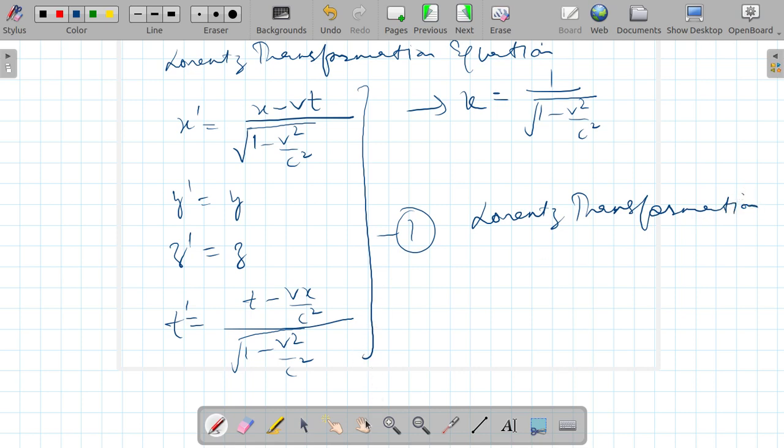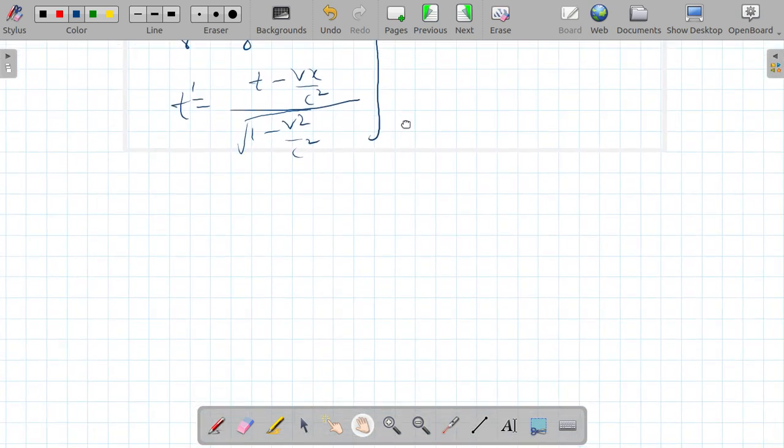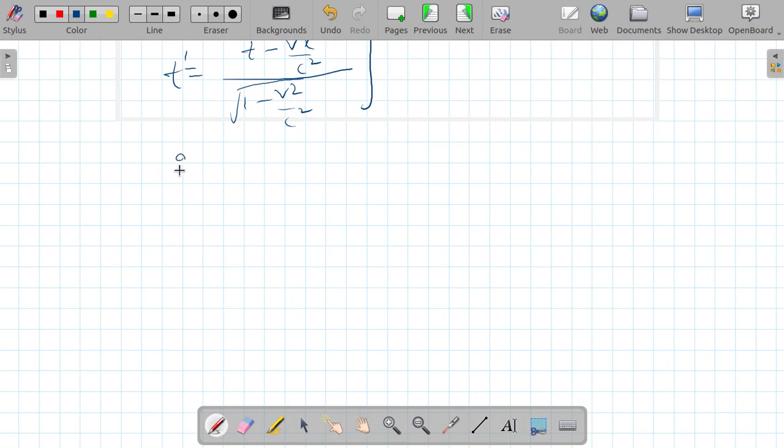And similarly, we will obtain the inverse Lorentz transformations. Inverse Lorentz transformation.